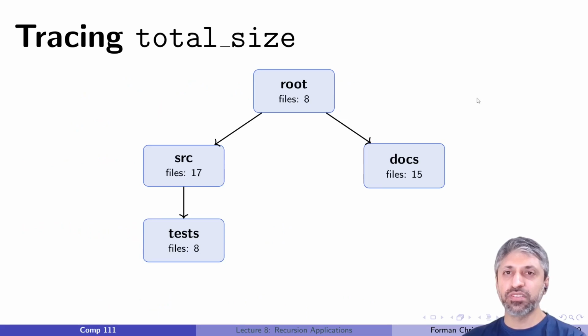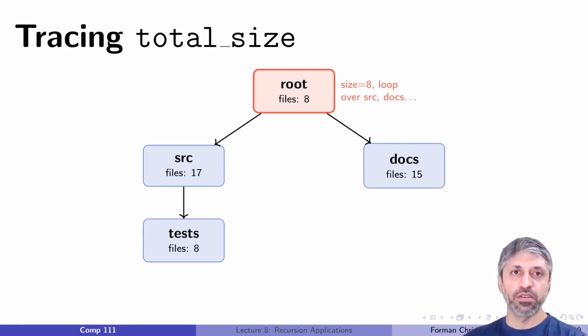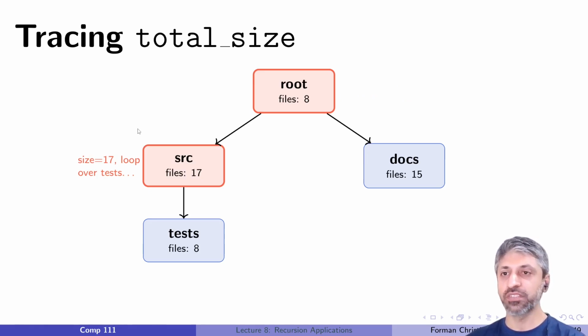So let's trace this on a tree diagram. This is what a hierarchy of a file system looks like. We start at the root. There are files, let's say there are a total of 8 files here. Now we loop over its two subfolders, src and docs. Src has 17 files, and it has one subfolder called tests.